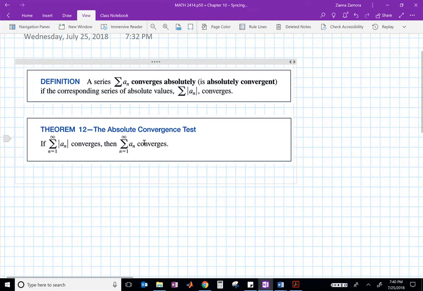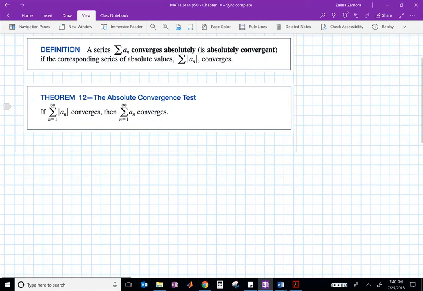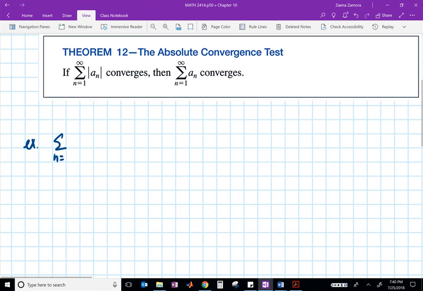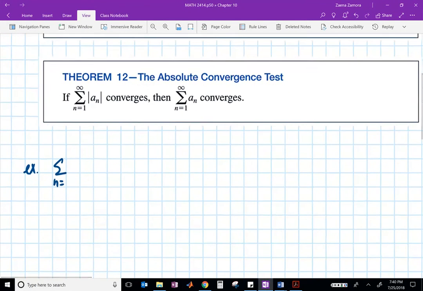Okay, let's look at this example here. We're going to see if this series converges using the absolute convergence test. n equals 1 to infinity of (-1)^(n+1) times 1 over n squared.